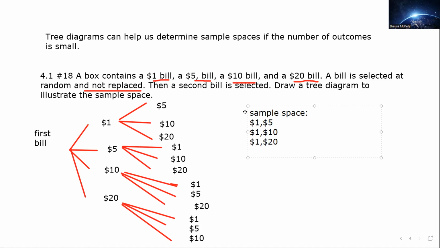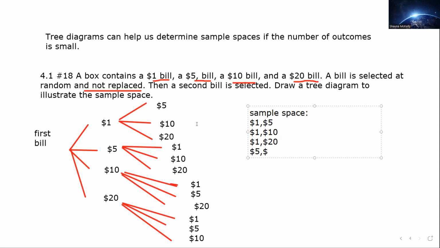And then I have $5 and $1. Okay, I have to pick the $5 with the $1. Again, remember, this is a different outcome. So $5, $1, right?